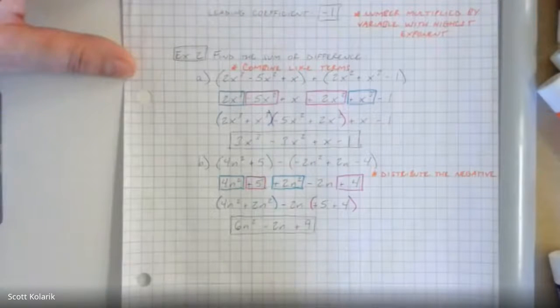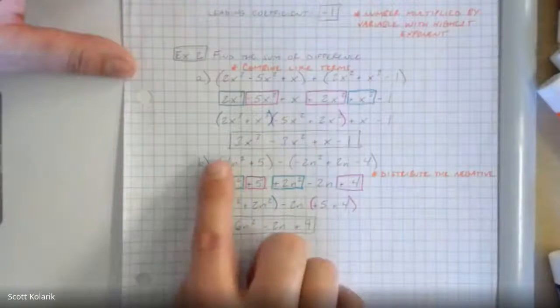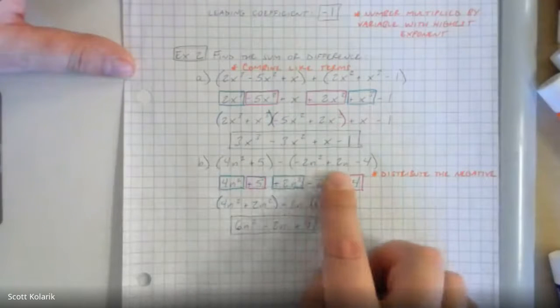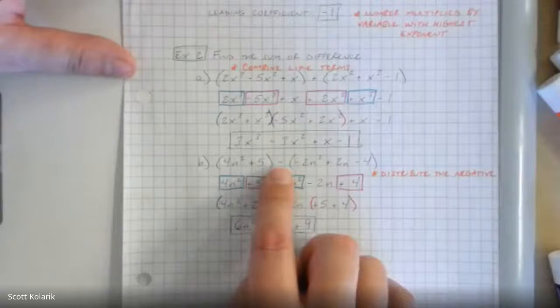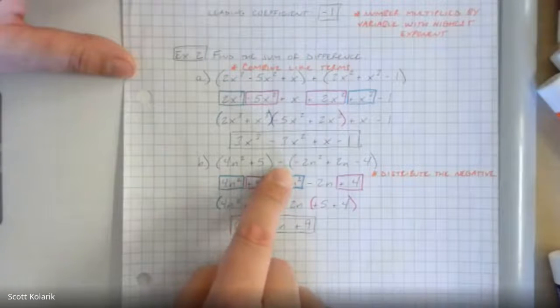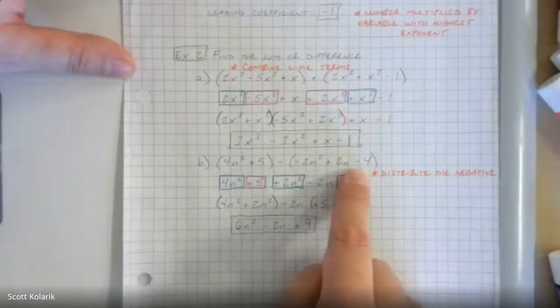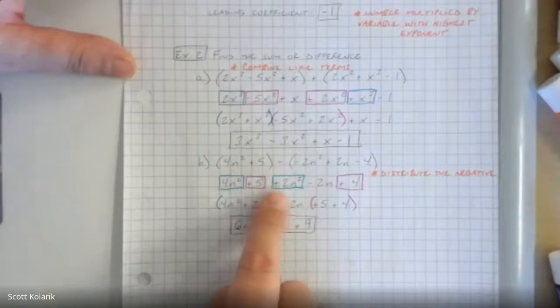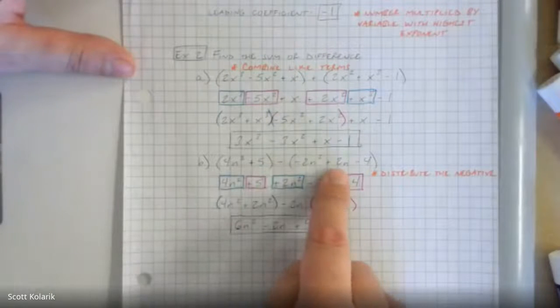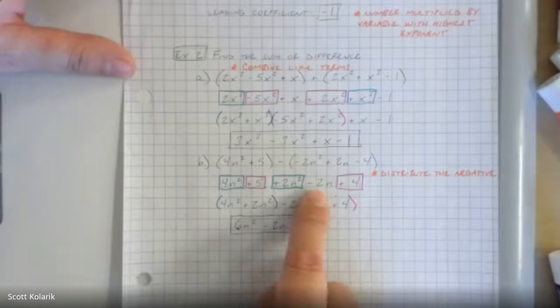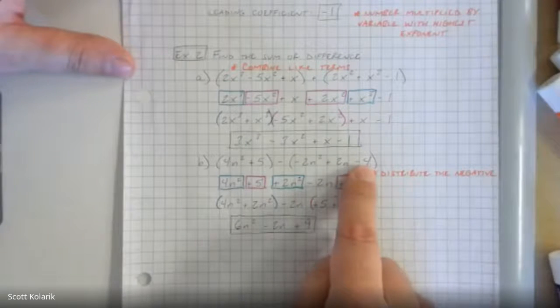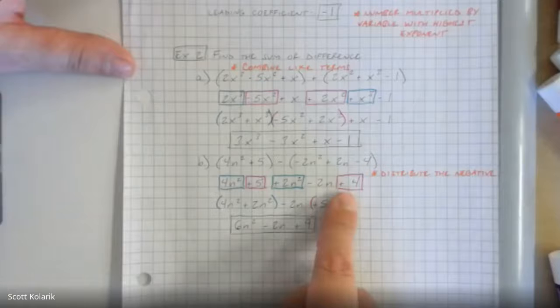Here's my advice on these subtraction problems, because these are about as tricky as it gets. It's still a combination of like terms, but the trickiest it gets is with these subtraction problems. My suggestion: just distribute the negative throughout the second parentheses. How do you do that? Just flip each sign. So a -2n squared becomes +2n squared. The -2n becomes +2n. The -4 becomes +4.